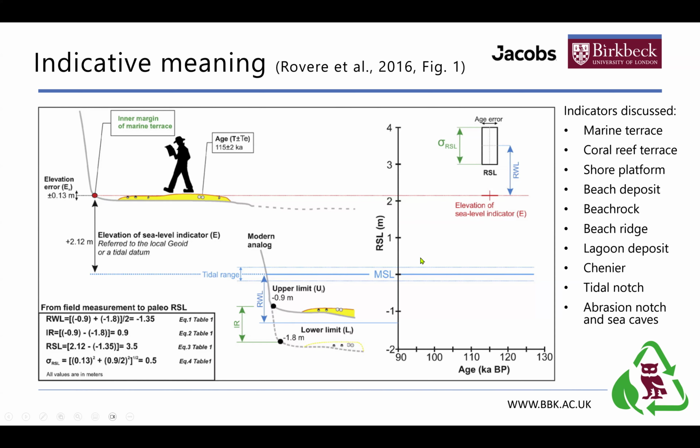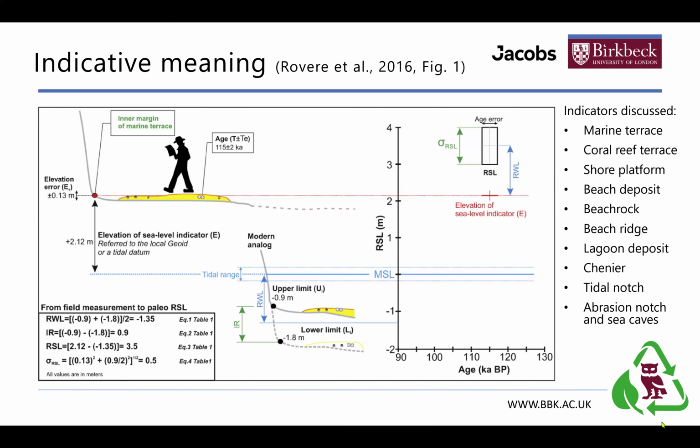So you need to choose the right modern analogue, and then you need to get the data to make those measurements. You can see here that if you were estimating relative sea level just based on the elevation, it would be at 2 meters. If you do the correction for where it is in relation to mean sea level in the modern analogue, then relative sea level is a bit higher, between 3 and 4 meters.